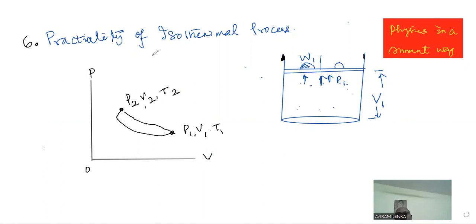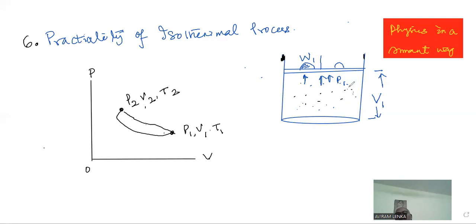Of course, I have not talked with you about it. Here, practically means how an isothermal process should be executed in the practical sense. Let us say we have a cylinder that contains ideal gas molecules.